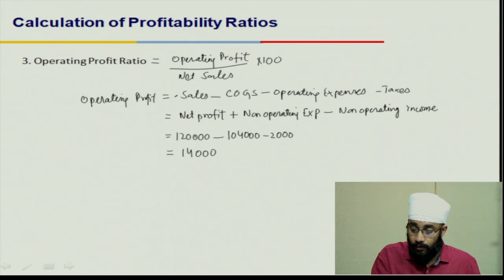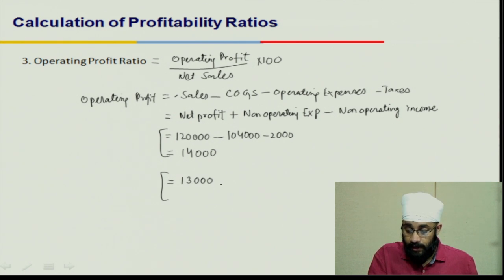Now for the second equation, you can work backwards by taking the figure of net profit, which is, so let me say this is first approach, and second approach is as follows. You have 13,000 as the net profit, and you're going to add to it any non-operating expenses. There is non-operating expense of interest, which is 2,000. And let's go to the income statement to see if there is any non-operating income.